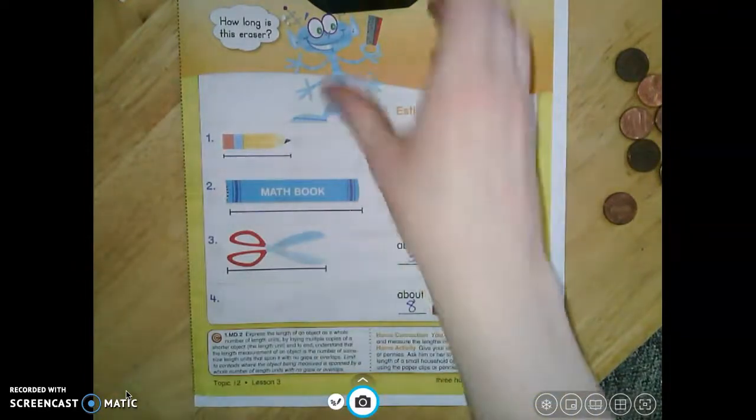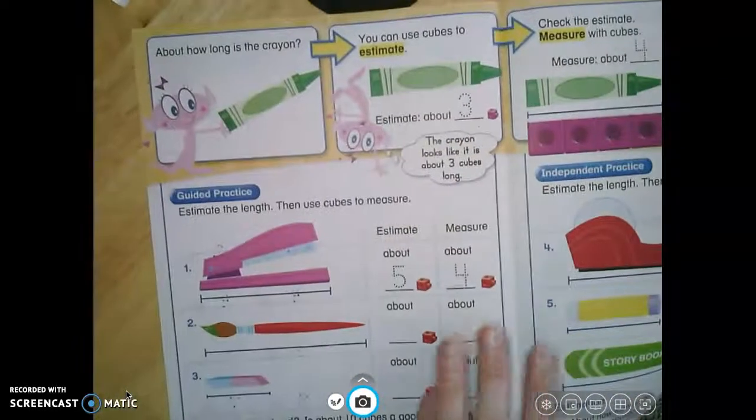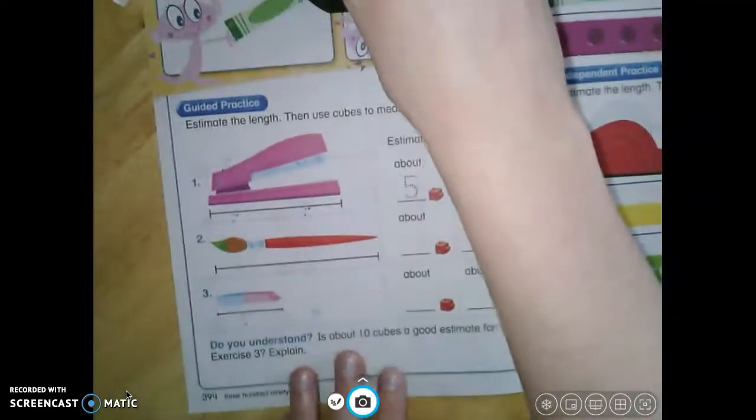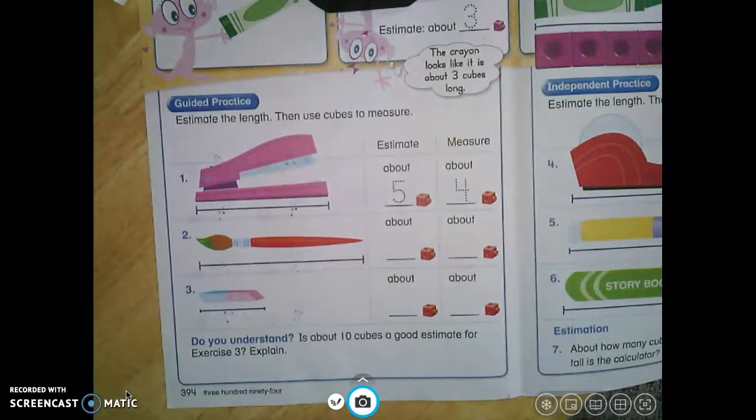When I go on into the inside, on our guided practice, it's asking us to do the same thing. First, it wants us to estimate the length. Then it wants us to use cubes to measure.